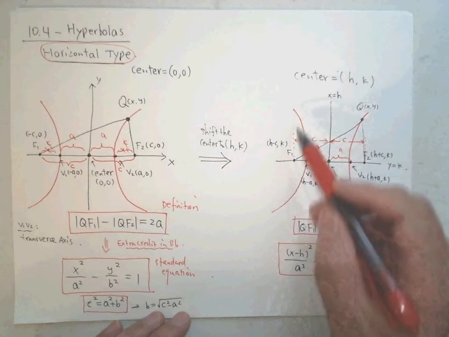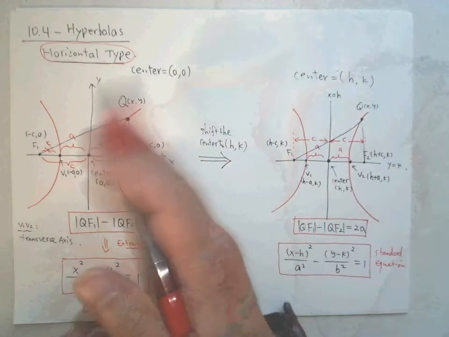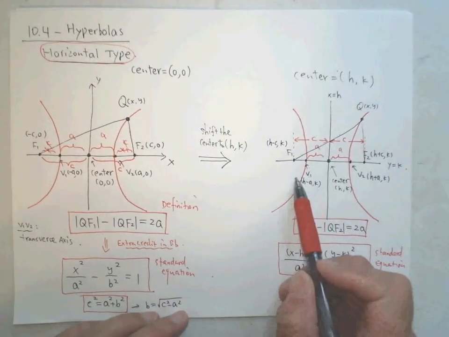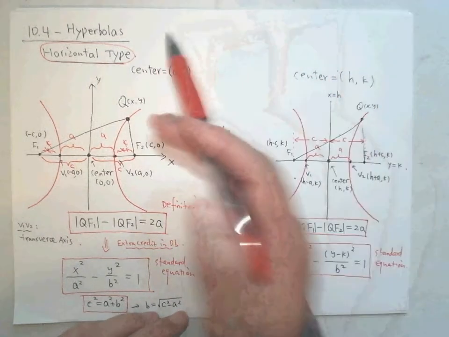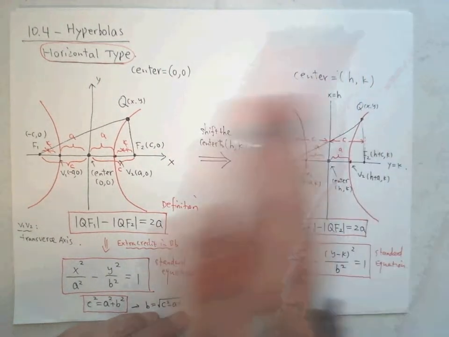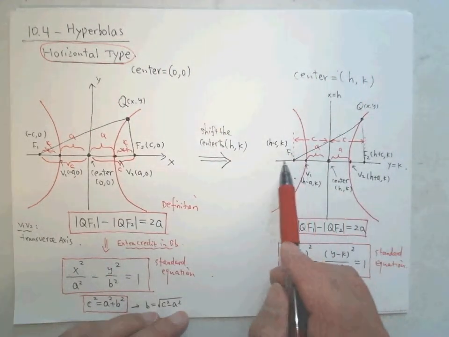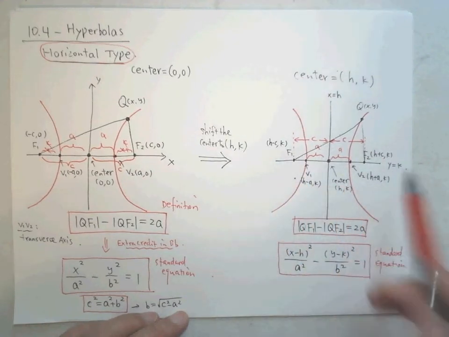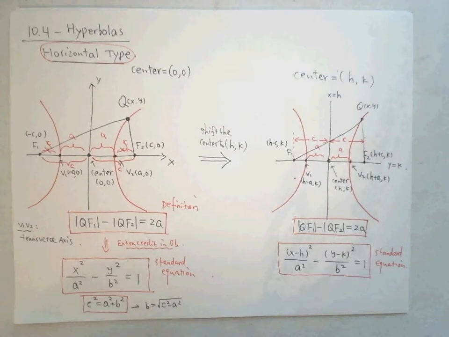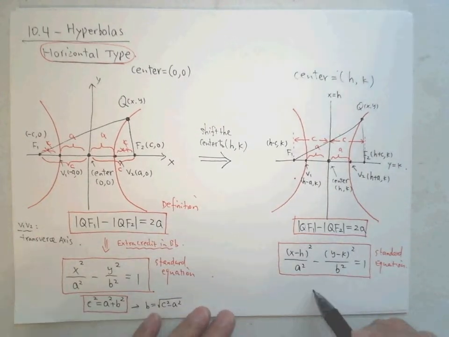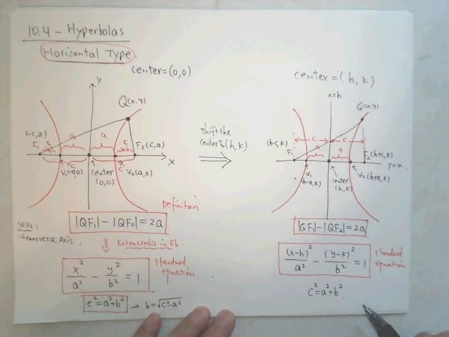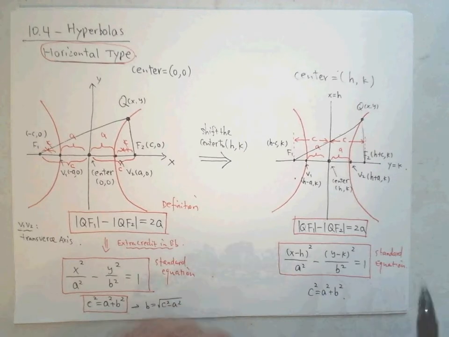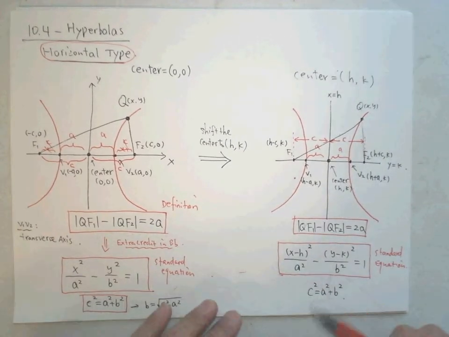The hyperbola opens horizontally. The left branch opens toward the left, and this one opens toward the right. The transverse axis is a horizontal axis, which is y equals k. And the same, the parameter is c squared equals a squared plus b squared. Then to find b, take c squared minus a squared and take the square root.